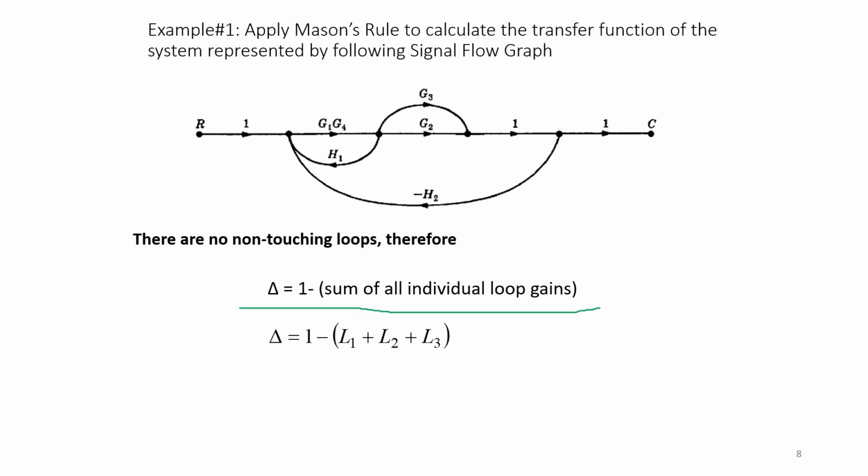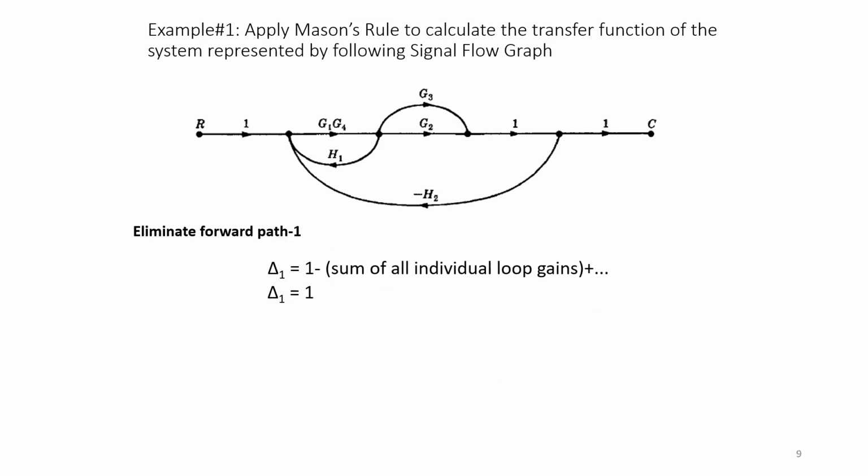So it is 1 minus (L1 plus L2 plus L3). The loop gains of L1, L2 and L3 should be summed and taken as your delta. So delta is equal to 1 minus G1 G4 H1 minus G1 G2 G4 H2 minus G1 G3 G4 H2. I have included all the loop gains here, so that becomes your delta value.